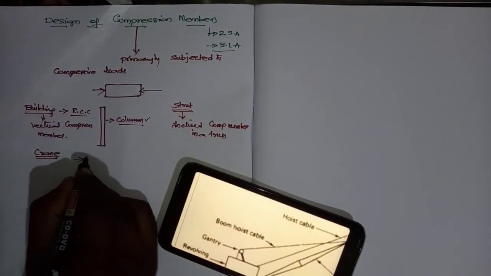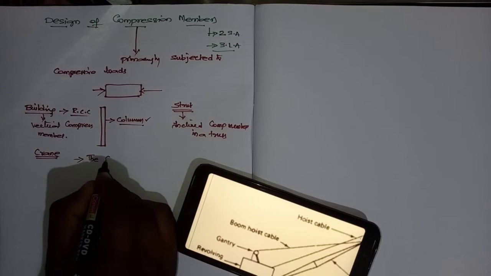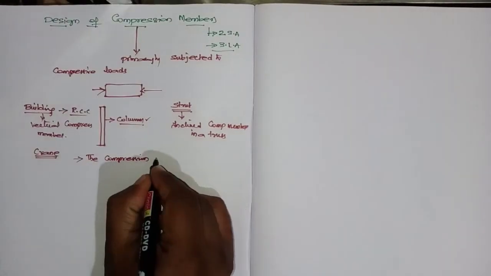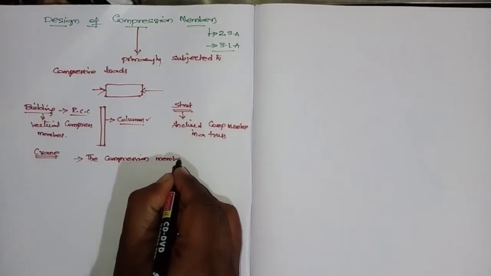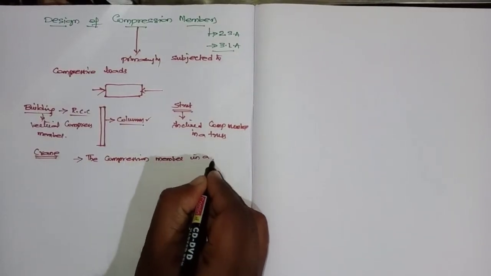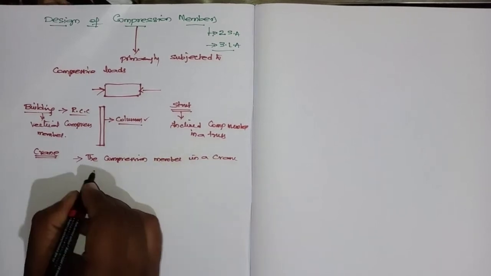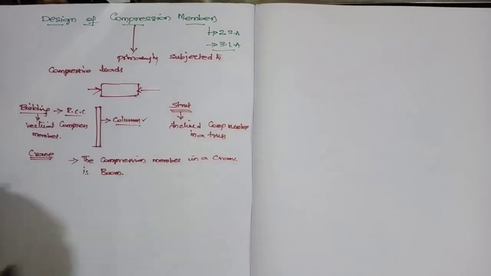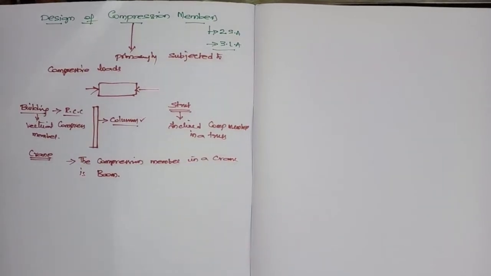So the compression member in a crane is called the boom. These are the three best practical examples I can show.